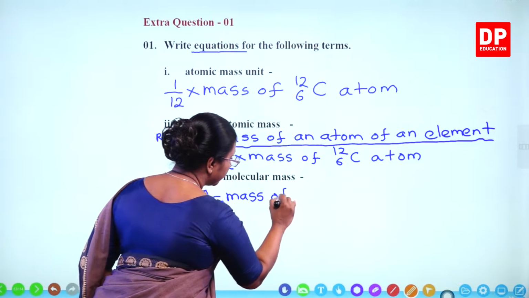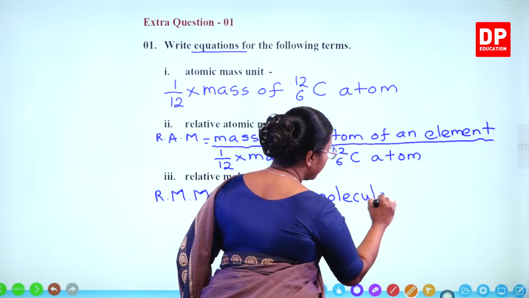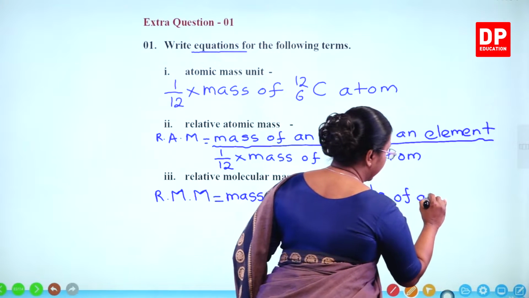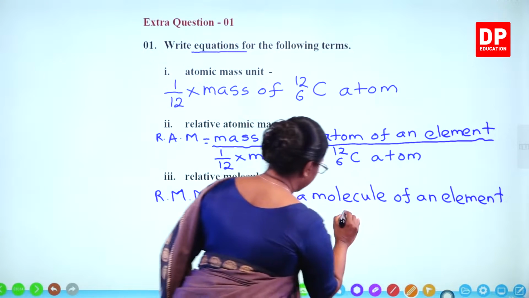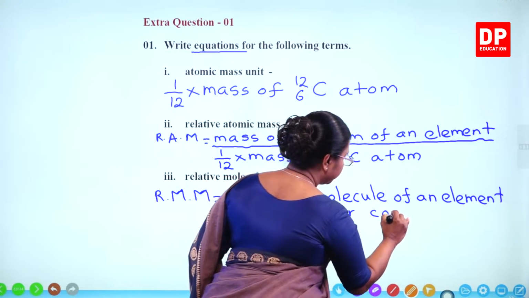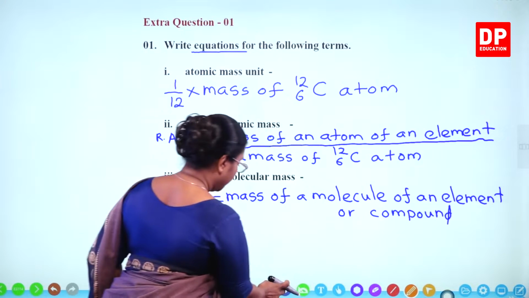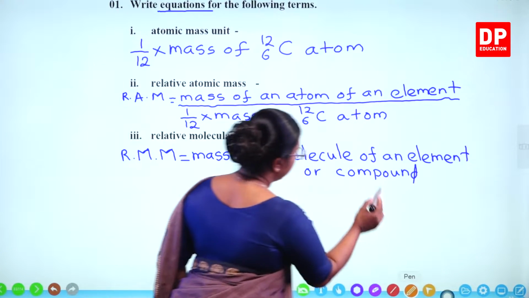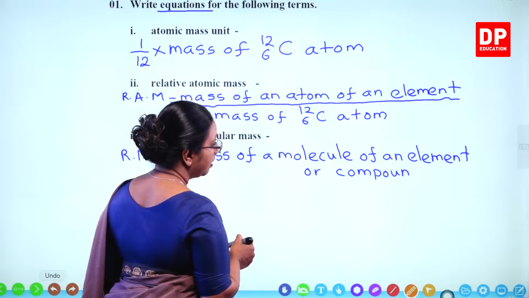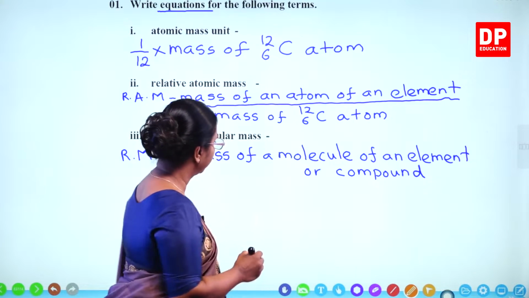Mass of a molecule of an element or compound. You know why we have to specify both. Mass of an atom, of an element or a compound.